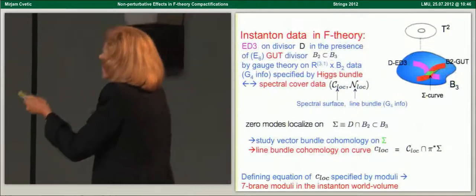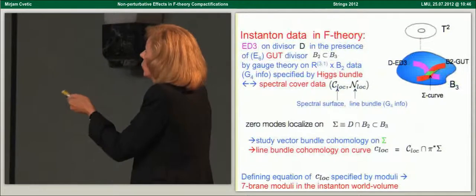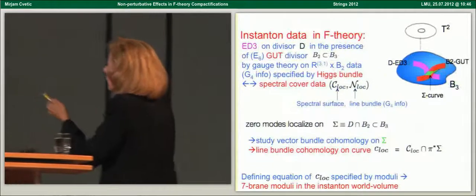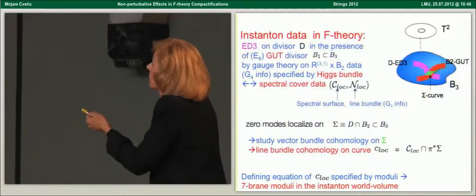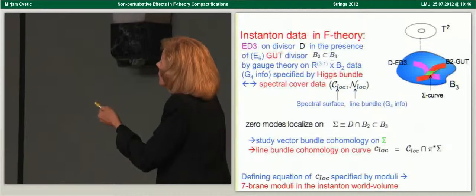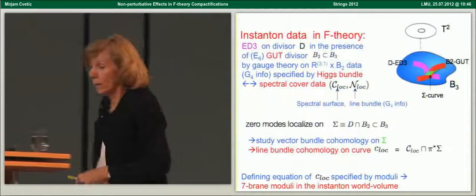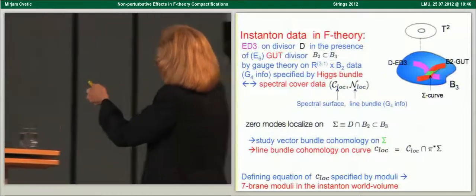The actual gauge theory data can be specified on the GUT divisor in terms of the Higgs bundle, and this information can be encoded in the so-called spectral cover data of spectral surfaces and line bundles that carry information about the flux on the GUT bundle.